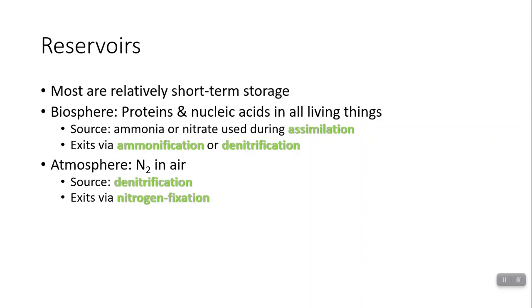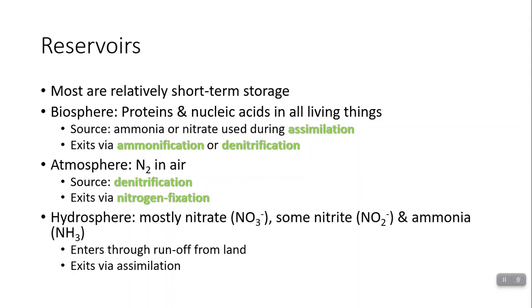talk about also. The biggest reservoir is going to be nitrogen in the air, N2, and the source of that is denitrification, and it exits via nitrogen fixation. Then the hydrosphere is mostly going to be either nitrate with a little bit of nitrite or ammonia dissolved in water. And this is going to enter water pretty much through runoff from land, which is going to carry dissolved nitrogen-containing compounds.